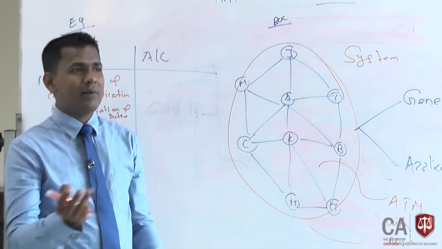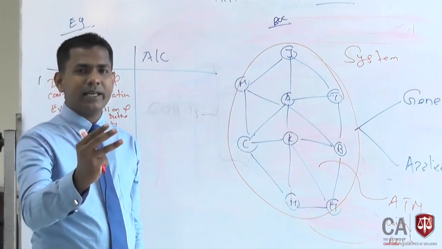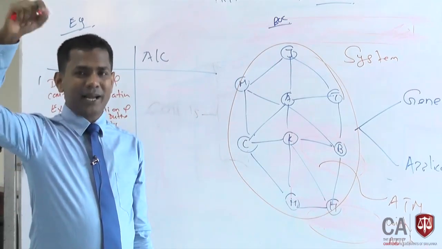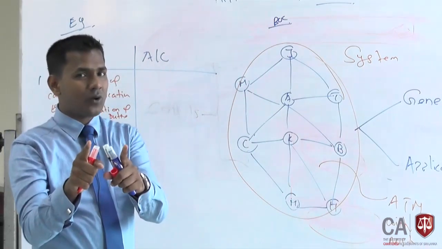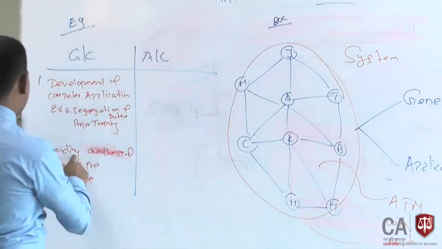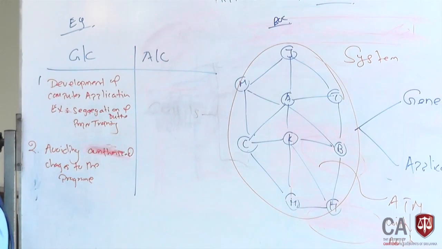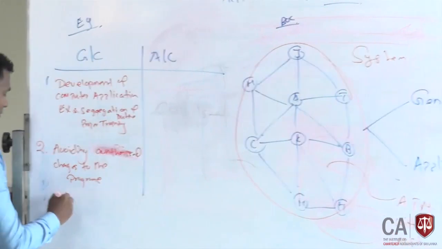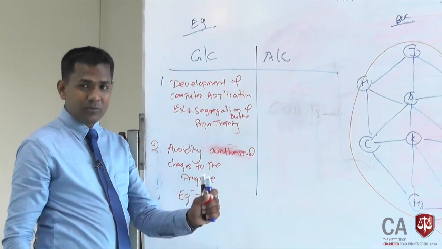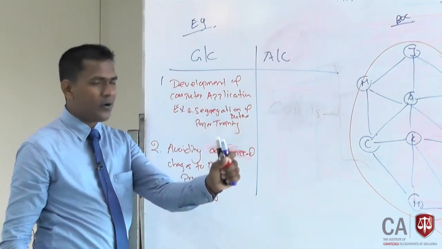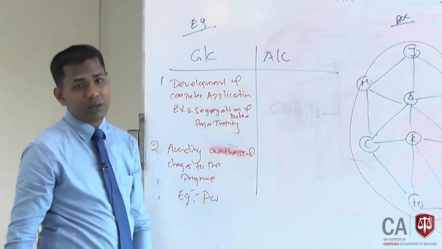Otherwise you can't run. For example, take Food City. If somebody is able to change the prices given by the head office, then something can go wrong. Therefore, avoiding unauthorized changes to the program is important. For that, sometimes password protections are there. The server room is given a password. Not everyone can enter, only authorized people can enter.